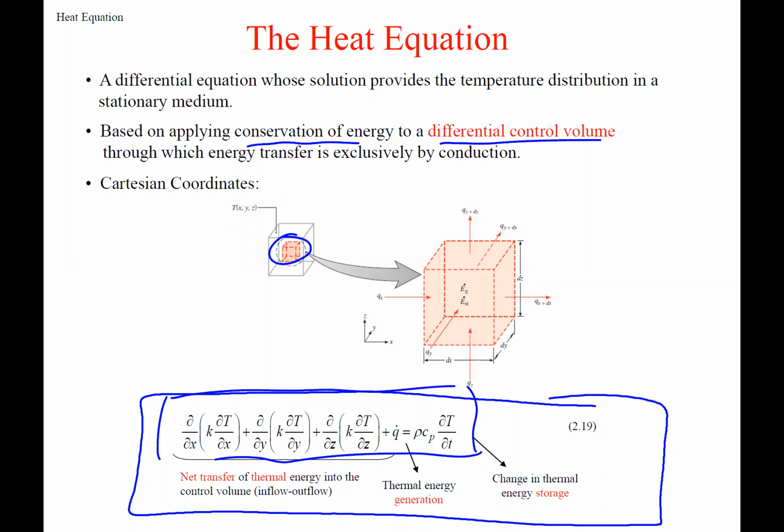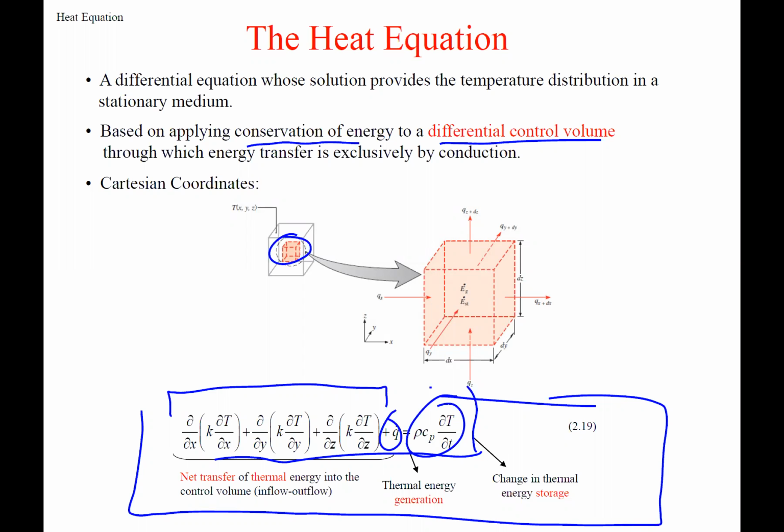What we should talk about too is these terms right here in the heat equation. Right here is our net thermal energy into the control volume. So that's the net from those terms. And then we have our generation and our thermal energy storage.